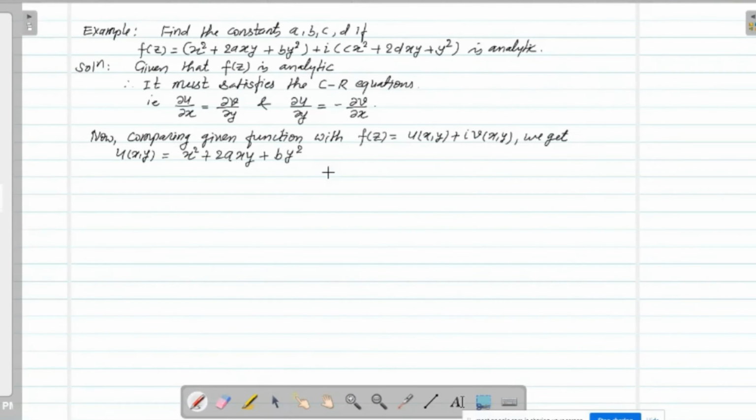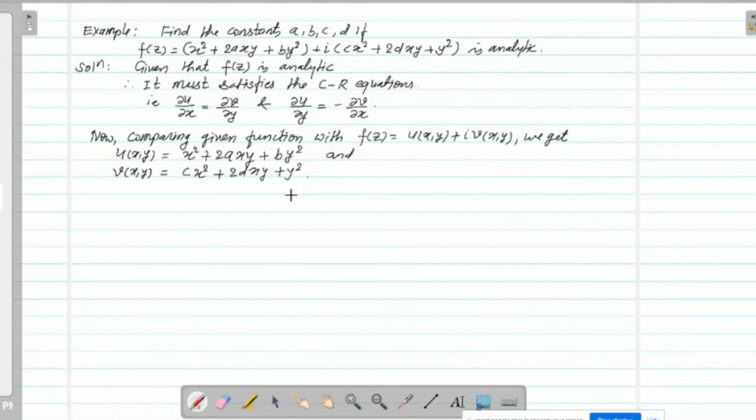And v of x comma y is the imaginary part of the function f of z. Imaginary part is this one, so you have cx square and plus 2 times dxy and plus y square.